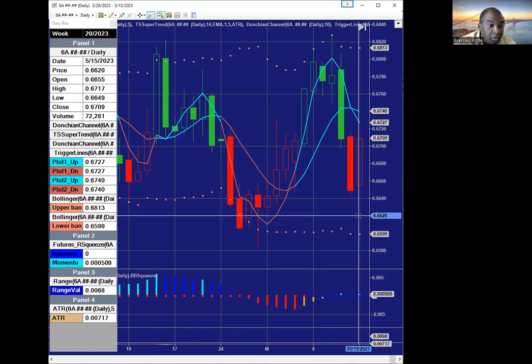The target will be the 0.6604, and the stop loss will be whatever we calculated previously as a stop loss.